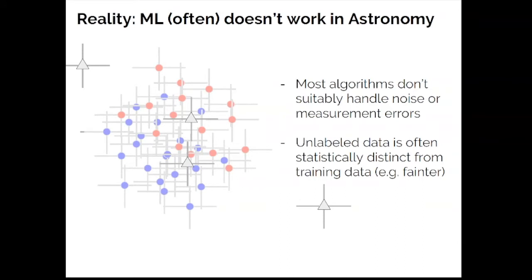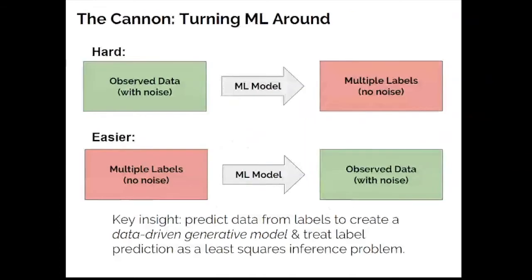So the interesting insight that this Cannon paper had is that it's very hard to take observed data with noise and fit a typical machine learning model and predict these multiple labels. But machine learning models are very good at taking multiple labels without noise and building a model to predict the observed data itself.